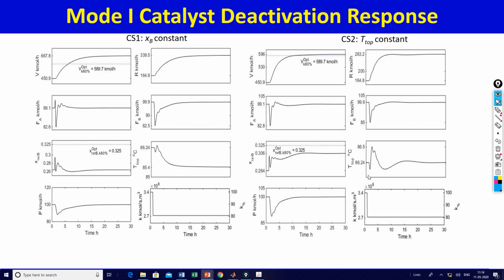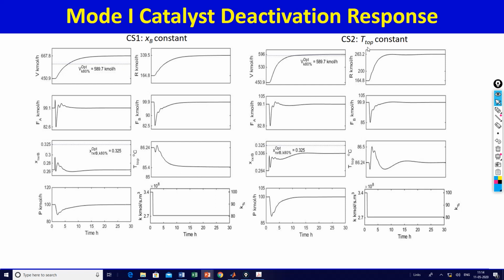We also looked at catalyst deactivation. So the catalyst activity goes from wherever it is to 80%, a 20% decrease in catalyst activity. And if CS1 is implemented, where you're holding the reactor B mole fraction constant, then you can see that the optimum boil up is the blue line, and the boil up at which you end up is substantially higher.